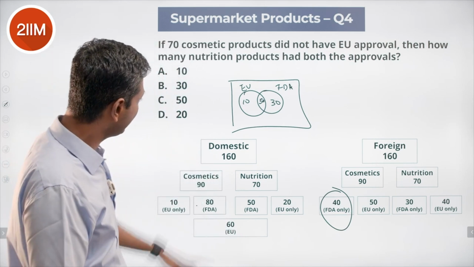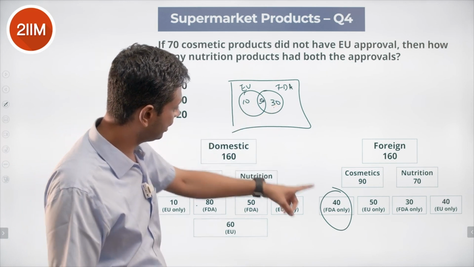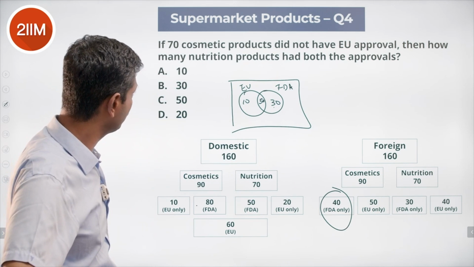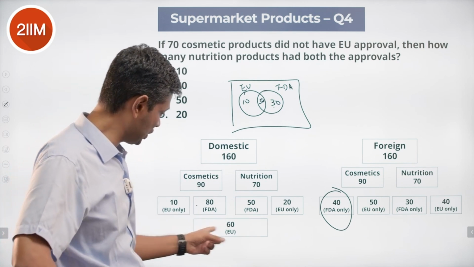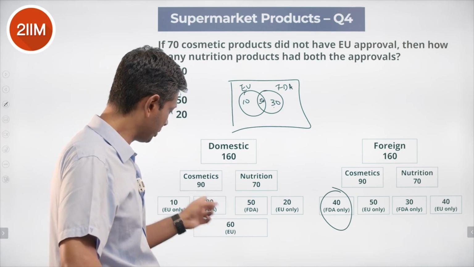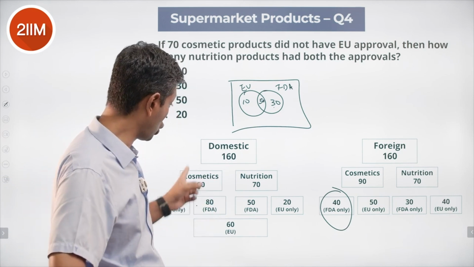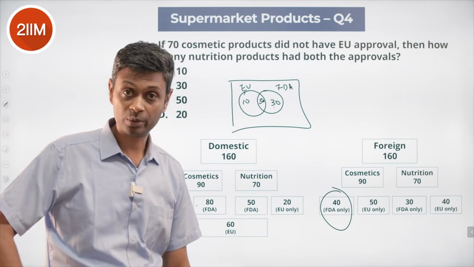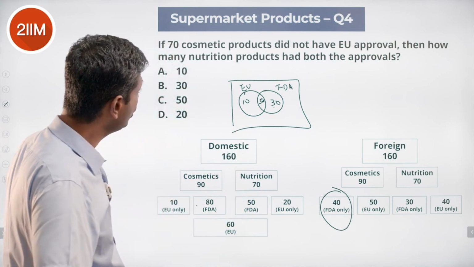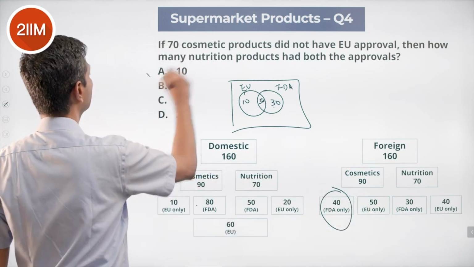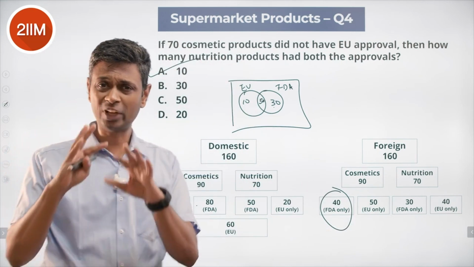And so 10, 50, 30, that's when this 30 and that 40 will add up to 70 without EU approvals. That means of the 60 that had both approvals, 50 have domestic, 60 are cosmetic domestic, 10 are nutrition and domestic. So how many nutrition products had both approvals? None here, 10 here, 10. It's a beautiful question based on the intersection part.